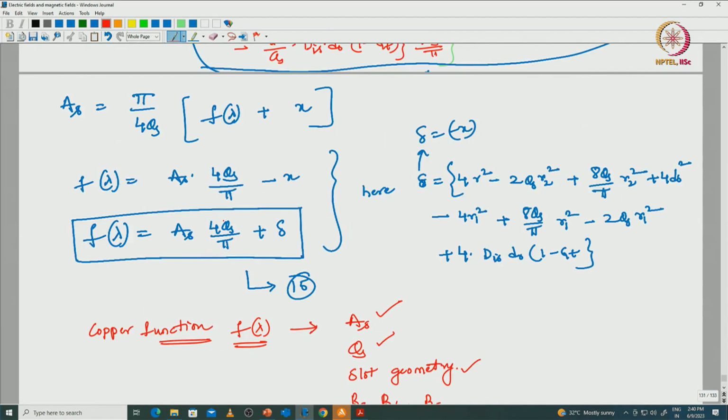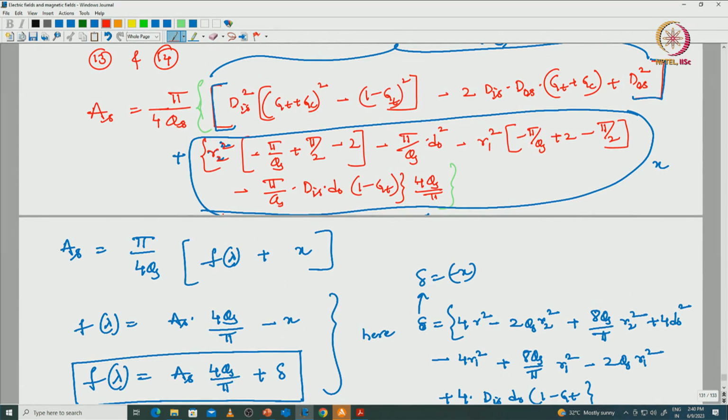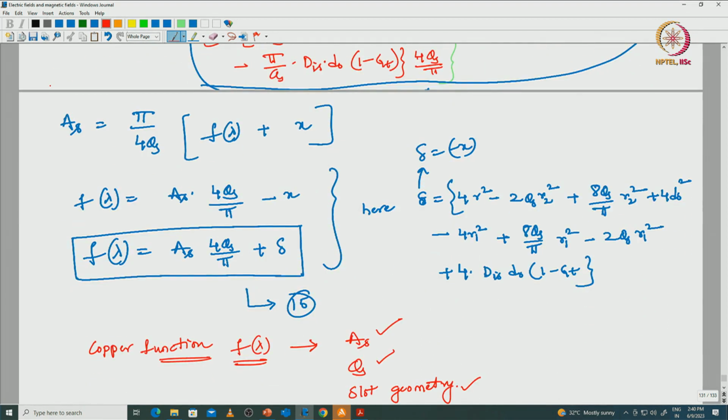And one more thing here, we have to take d naught s common in this equation, and f of lambda into d naught s will come here, d naught s square. So, this side it will be d naught s square, and f of lambda equals to pi into d naught s square and delta divided by d naught s square. This is the final equation.